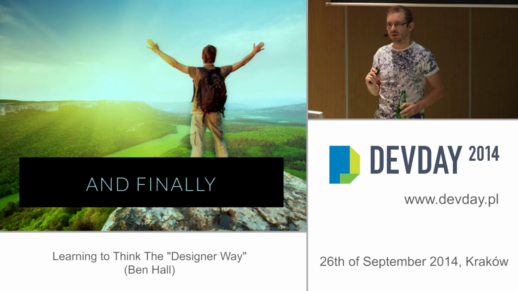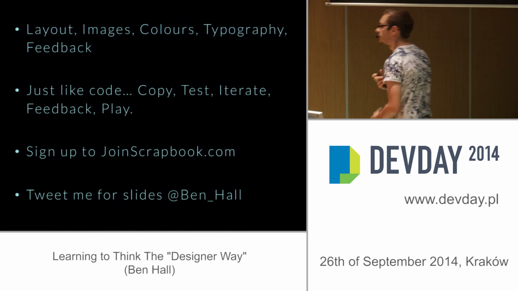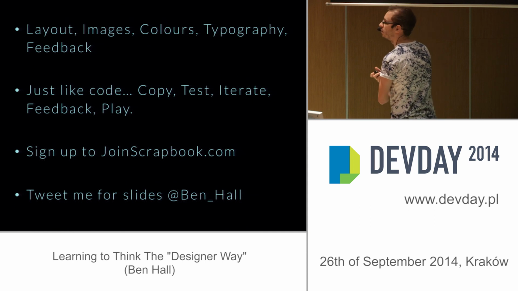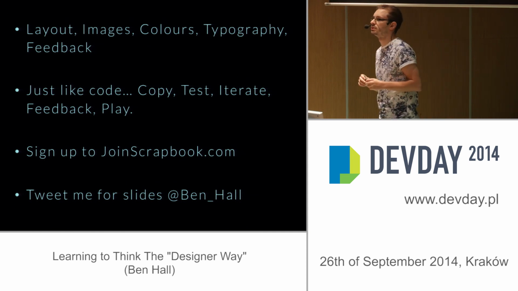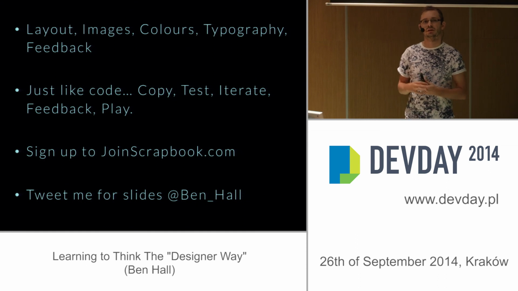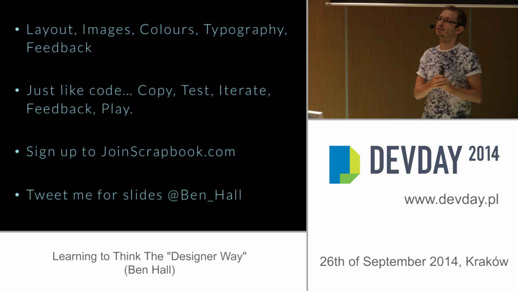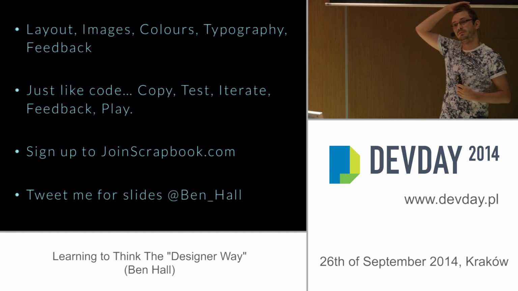And with that all in mind, 5 key points: the use of layout, images, colors, typography, and finally feedback. I consider these to be the foundations, the fundamentals that I apply to all of the applications which I'm building.